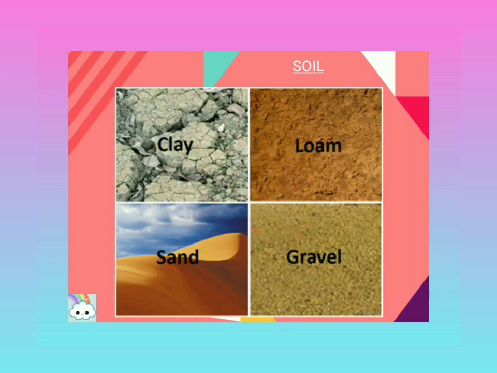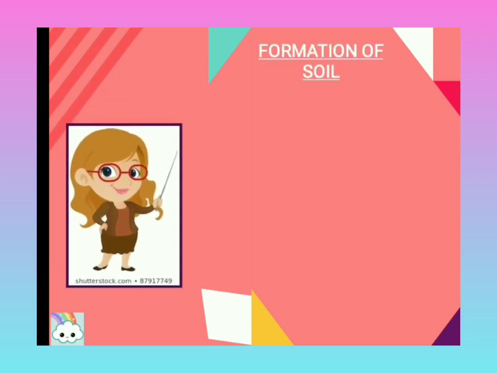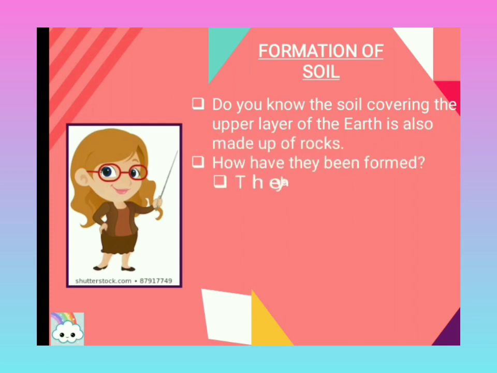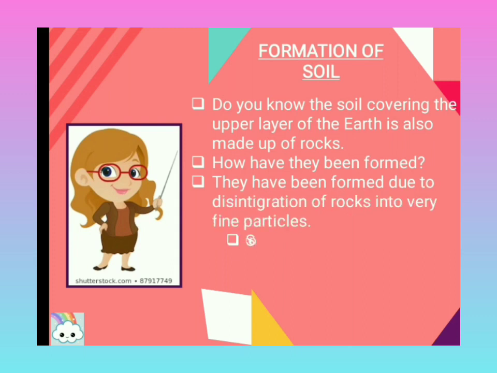The soil covering the upper layer of the earth is also made up of rocks. Interesting, no? But how have they been formed? They have been formed due to disintegration of rocks into very fine particles. Soil is also of different types depending on the color and texture of its parent rock.